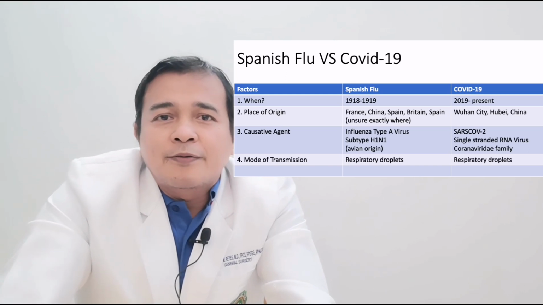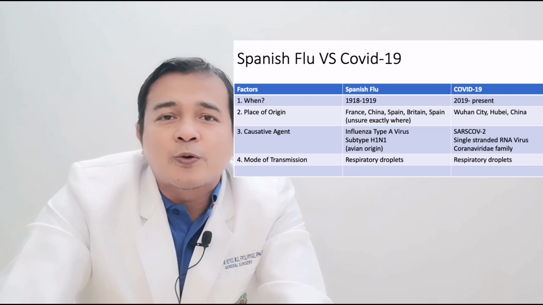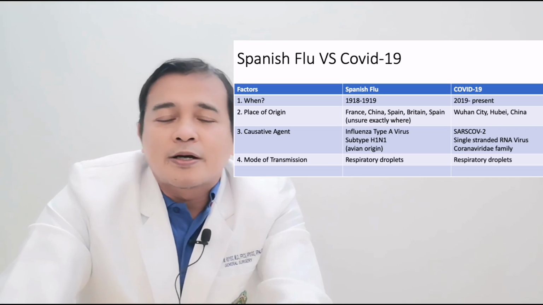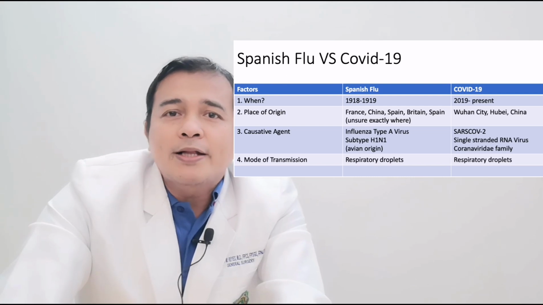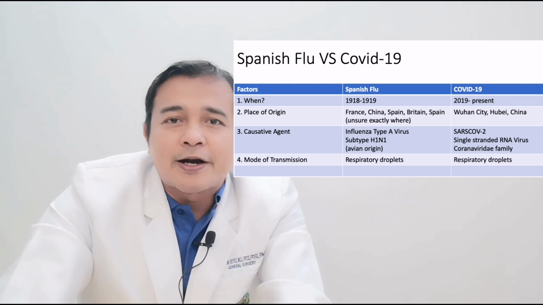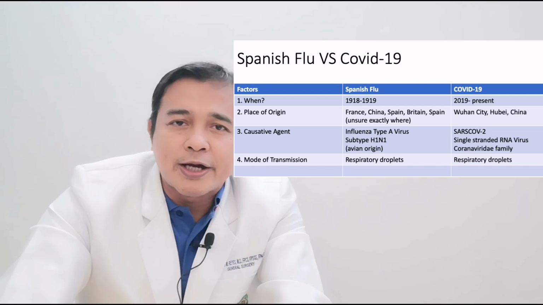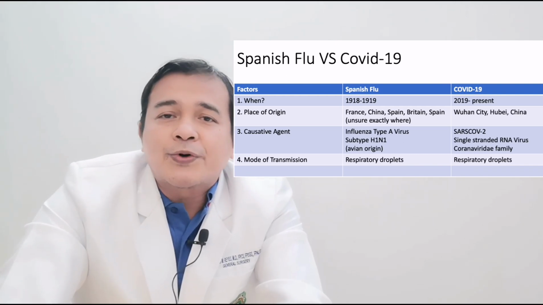So the pandemic could have started in France, China, and Britain, and only Spain reported, because they were not involved, or they were neutral during World War I. While the COVID-19 pandemic started at Wuhan, Hubei province, China.